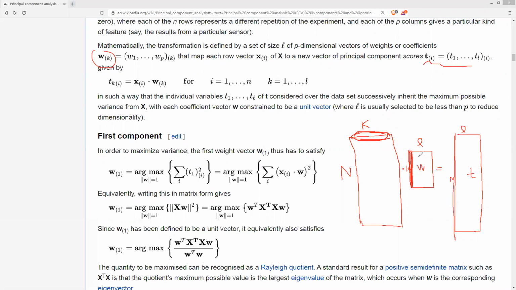And the second row is a second linear combination of these columns, which generates a second principal component, something like that. And they are all orthogonal to each other. That's what it does.